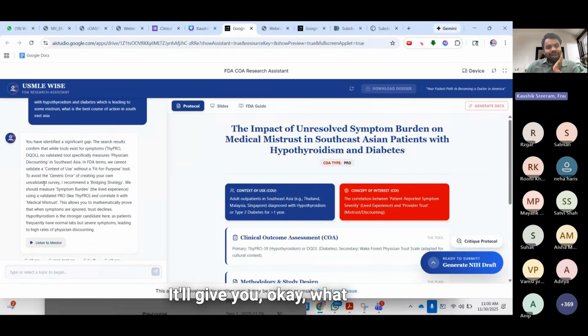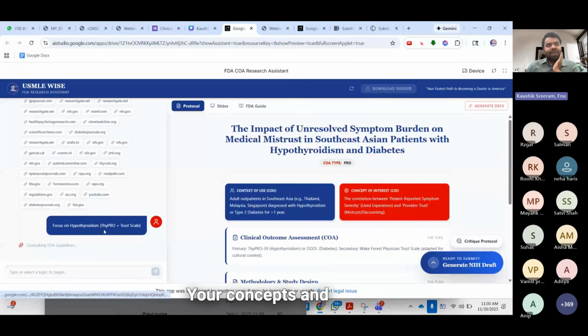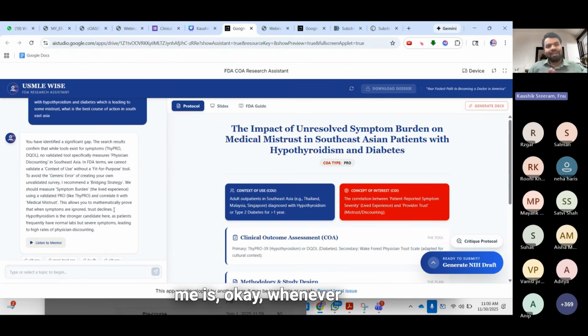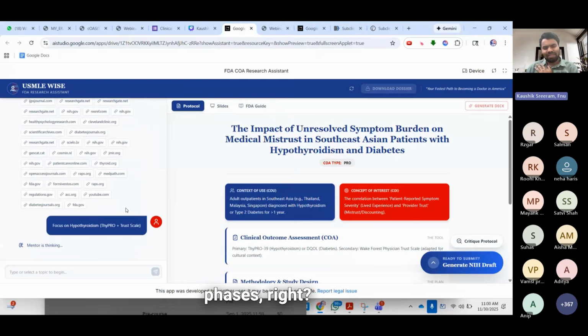It will give you, okay, what does the FDA look at, your concepts, and what you need to be thinking about when you have to draft your own protocol and draft your own research, right? And how this has helped me is, whenever students have come to me, they have asked me to help them with their research. And there are different phases, right?